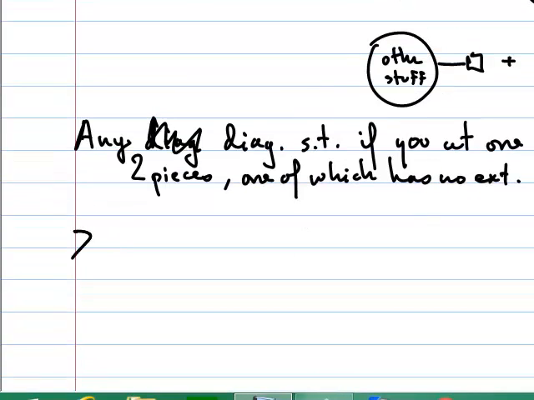So that when we think about our partition function, we really don't need to sum over all diagrams.